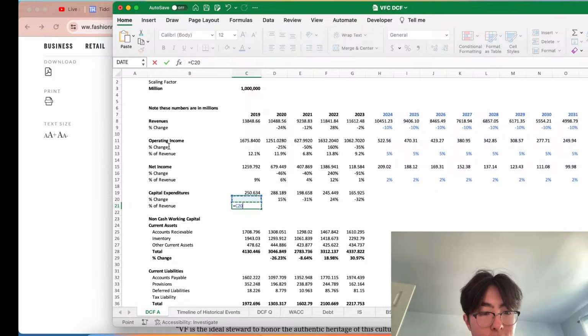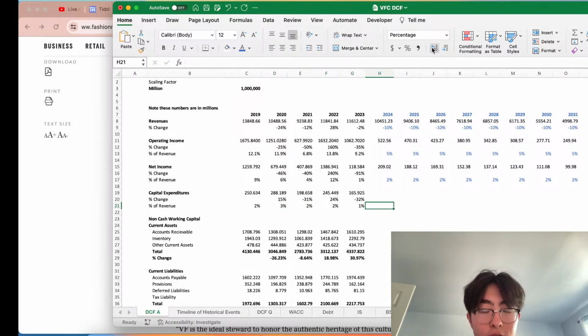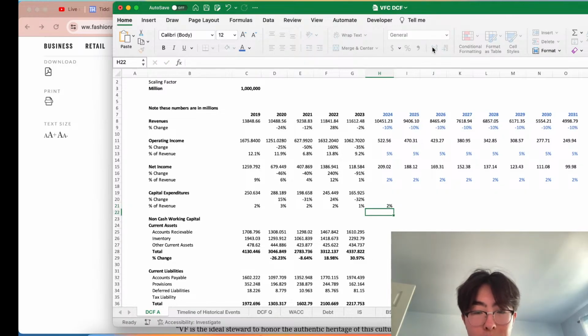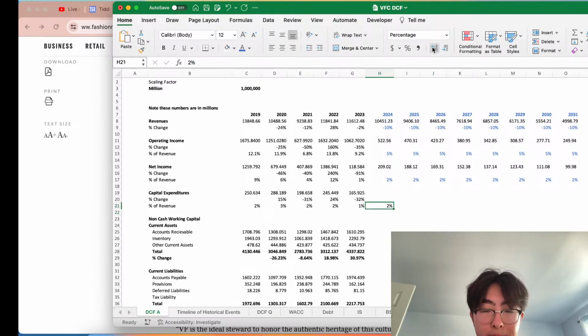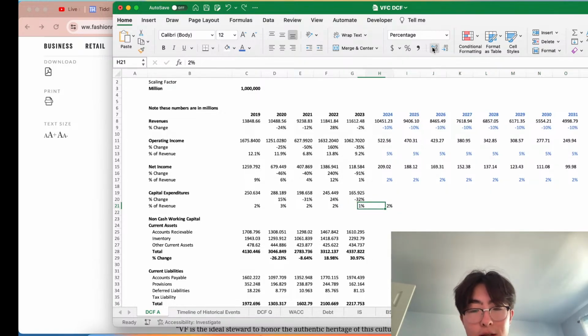So this is equal to divided by revenues. Okay, so about 1% of revenues.